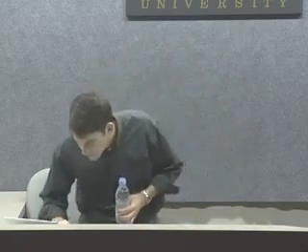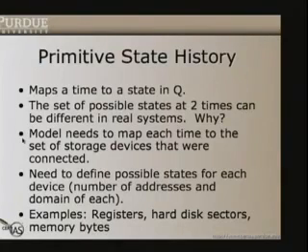So basically the model needs to map each time to the set of devices that were connected at that time. We also need to know the possible states for each device. We need to combine these things, knowing the possible states for the device and which devices were connected, before we can define the possible states of the actual system.